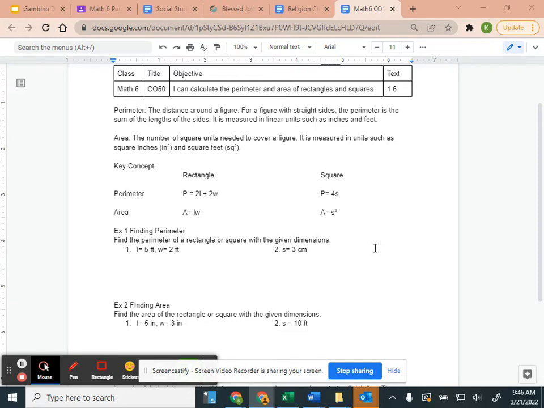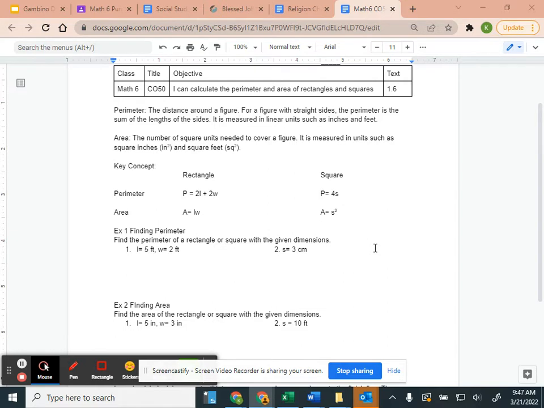Because we just finished Unit 8, today is our first day with our new unit. We are doing CO50. I can calculate the perimeter and area of rectangles and squares. So we can see what our new unit is going to be about. We are going to be working with perimeter and areas of different shapes.